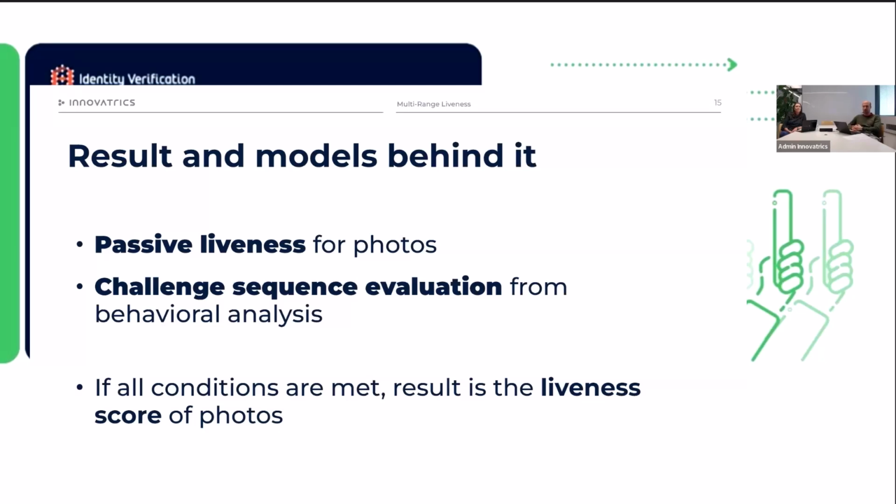So there is something else collected, which enables us to tell whether the user is following the randomness sequence or not, whether it's a pre-recorded video loop. And the output of the liveness is either 0 in case the randomness sequence was not followed, or the liveness score, which was evaluated on the photos. So you know that you can apply the same threshold that you have in our documentation for the passive liveness.